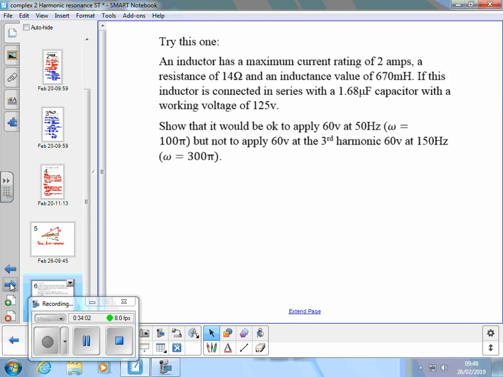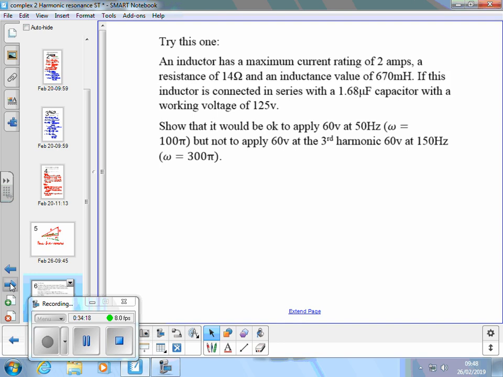The inductance value is 670 millihenries, connected in series with a 1.68 microfarad capacitor with a working voltage of 125 volts.